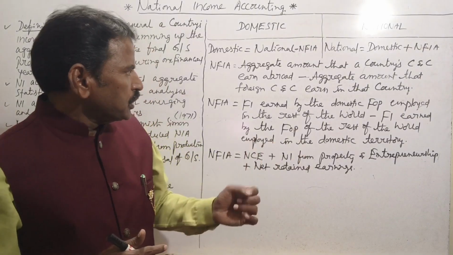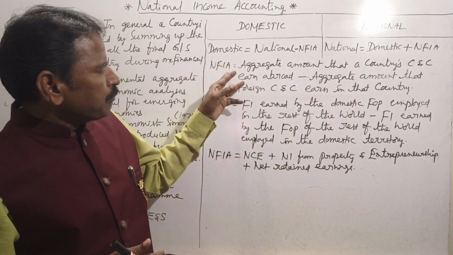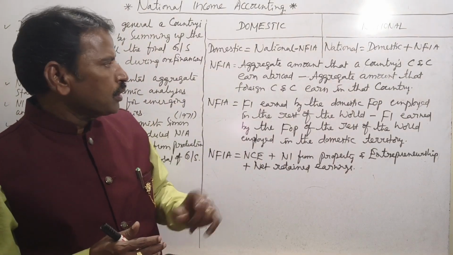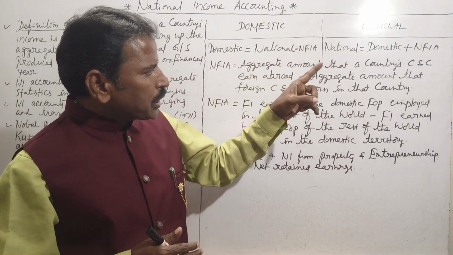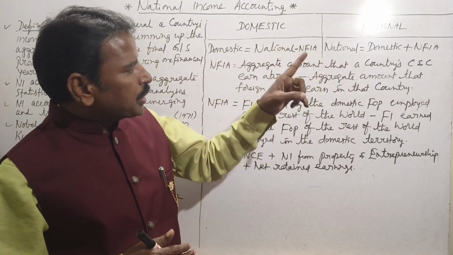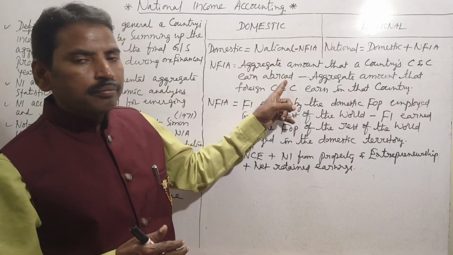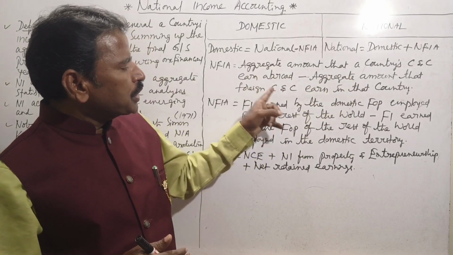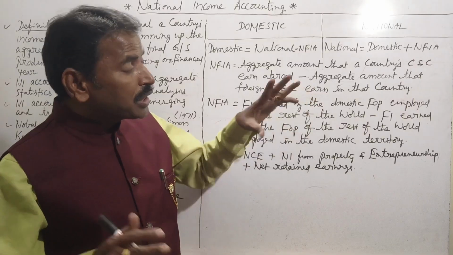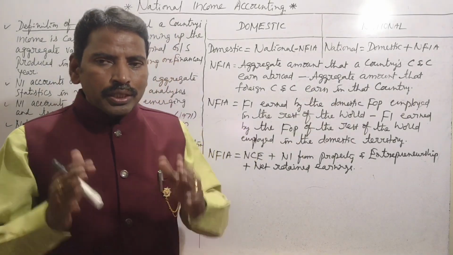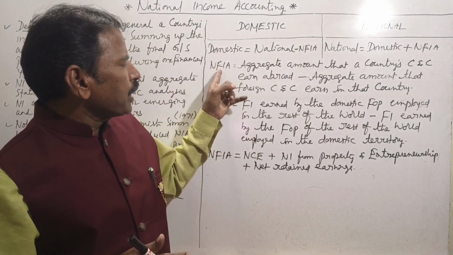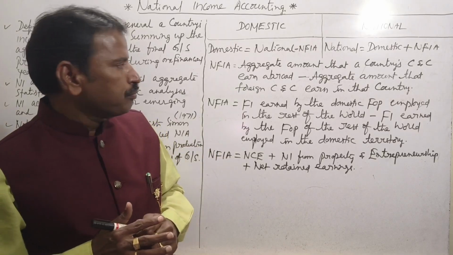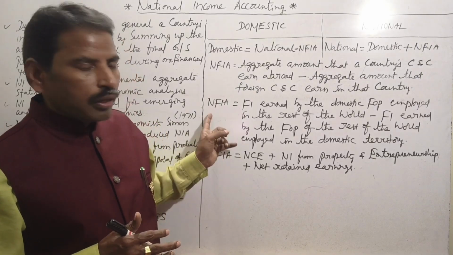In other words, it is the aggregate amount that a country's citizens and companies earn abroad minus the aggregate amount that foreign citizens and companies earn in that country. This difference is called net factor income from abroad. Next, another formula.